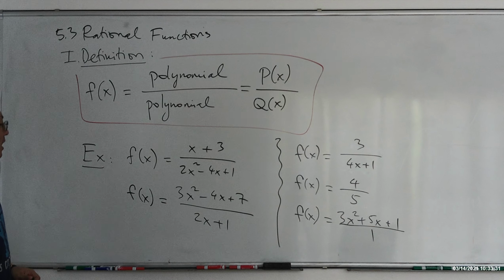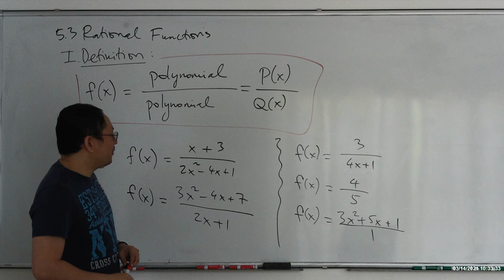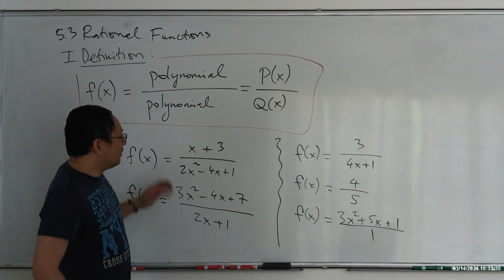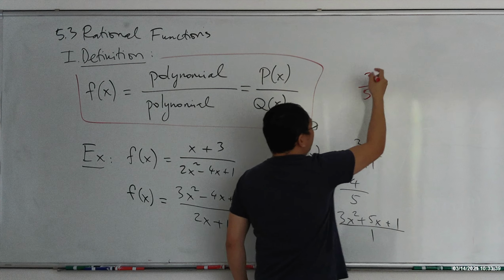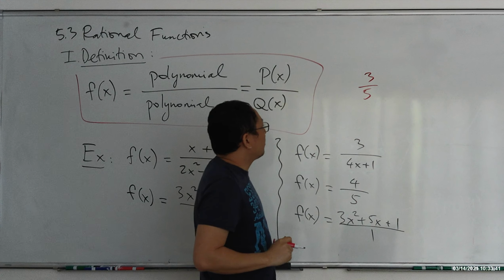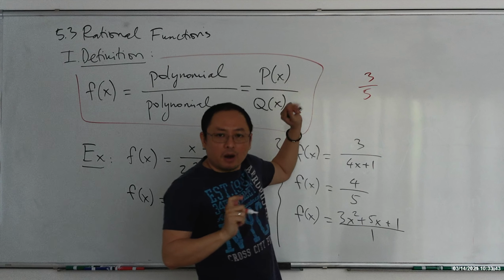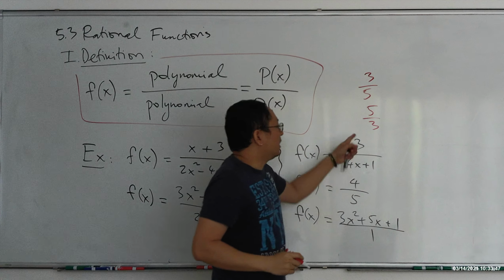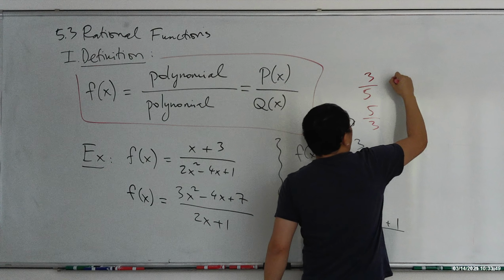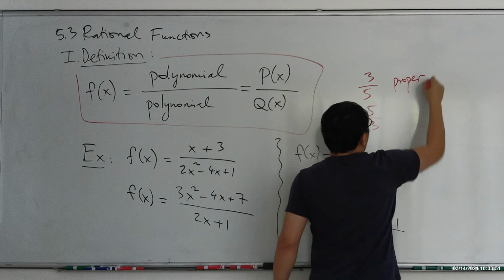Okay. Now we're talking about something called proper and improper fractions. Recall in whole numbers, 3 over 5 is a proper fraction because the numerator is smaller than the denominator. But if you have 5 over 3, you call this one improper, right? This is a proper fraction.